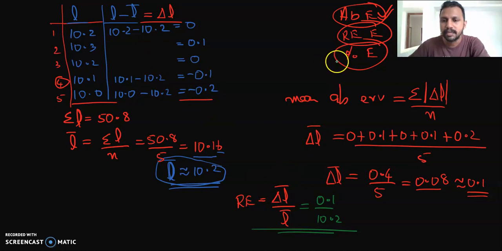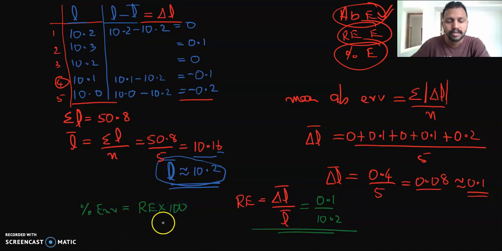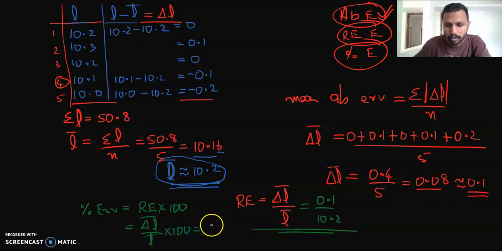Then let's speak about percentage error. Percentage error is actually relative error expressed in percentage, or relative error into 100. I could write it as delta L bar divided by L bar into 100, or 0.1 divided by 10.2 into 100.